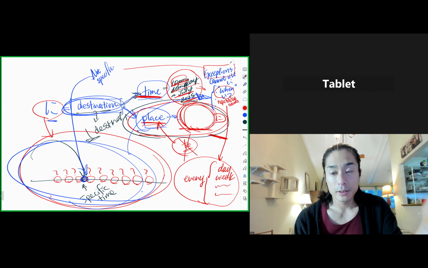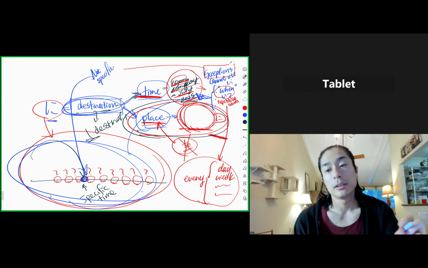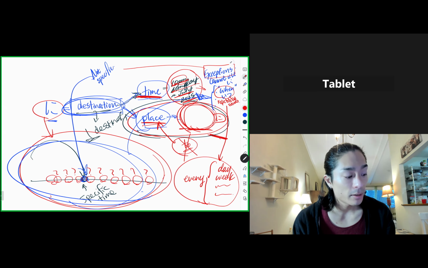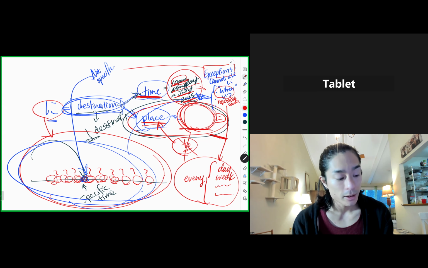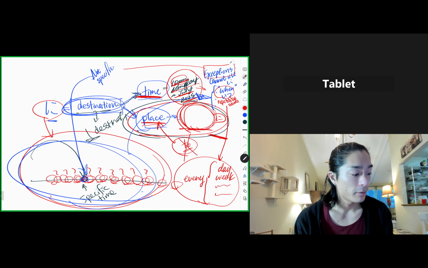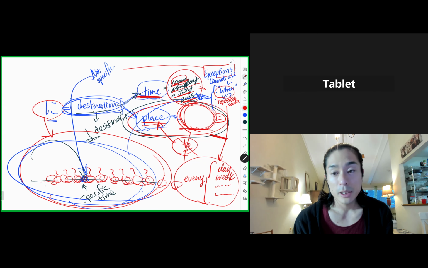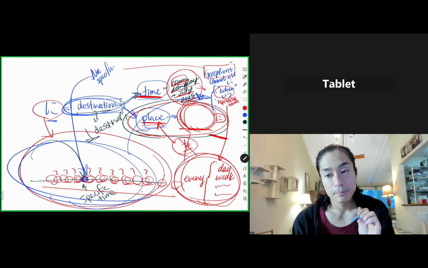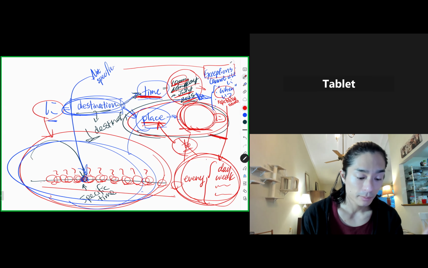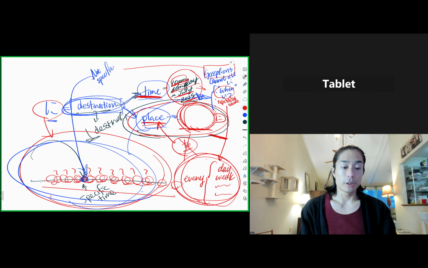There are many destinations in this case too, right? It's not just one specific destination. It's not just one time. You do it every day, every minute, whatever. Because there are too many possible destinations, this one too, we cannot use ni. Again, when you can't use ni, you don't need to put any particle. No particle, just the word.